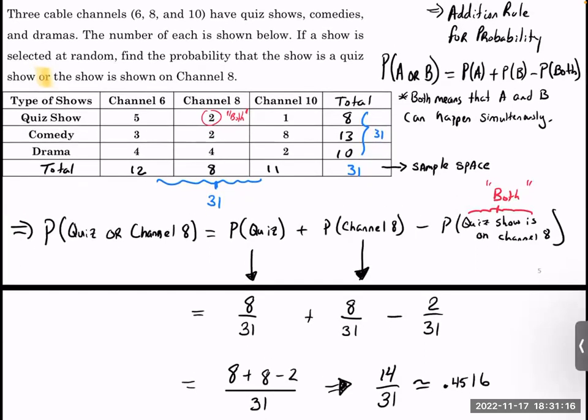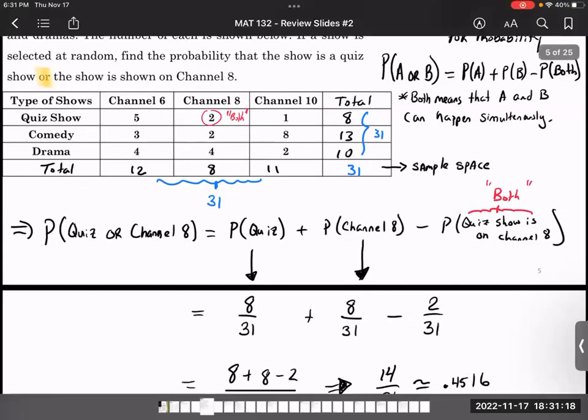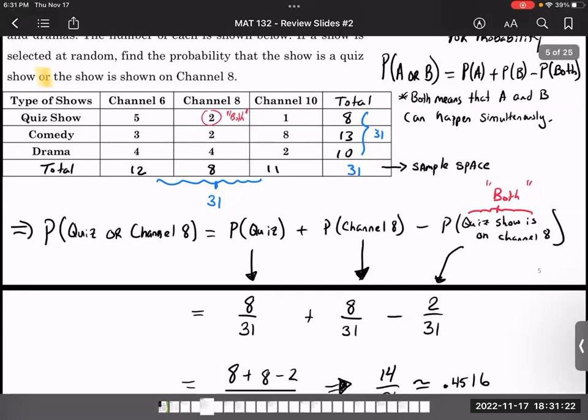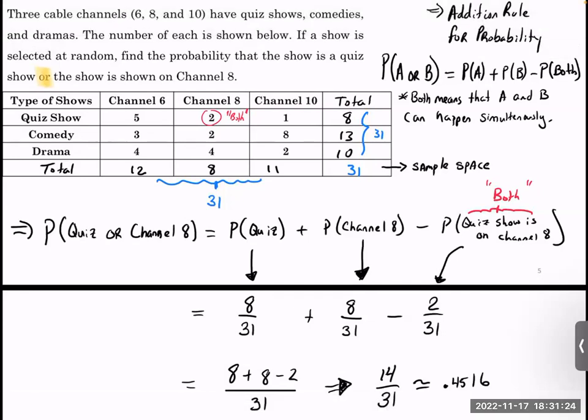That's your final answer. Let me just draw the arrow, by the way, to here. This is the addition rule. The addition rule for probability. Again, what's the key word for the addition rule? The word or. Any questions?